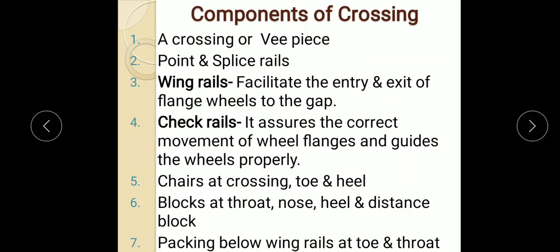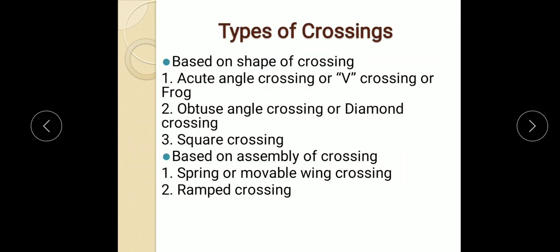Means for guiding the wheels properly, check rails are provided, and for entry and exit of the wheel at the gap, wing rails are provided. The other components of crossings are chairs, blocks and packing below wing rails at toe and throat. We will see all these components in various types of crossings, in which the figures show the various components.